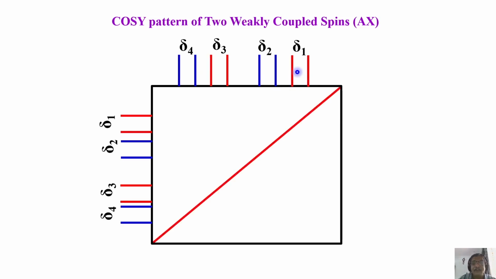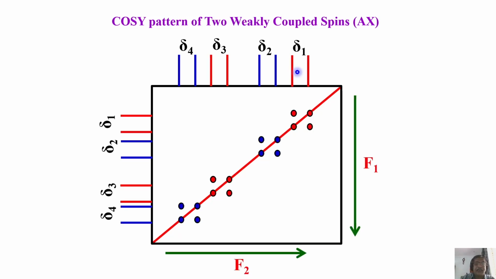Now if that is the situation, how does my 2D COSY spectrum look? Again, write down the diagonal peaks. Now, because these two are coupled partners, the cross peak appears between 1 and 3. Perfect, you see? From the center of this delta 1, come vertically down, go horizontally up and complete the square. That shows delta 1 and delta 3, which are diagonal peaks, are coupled.